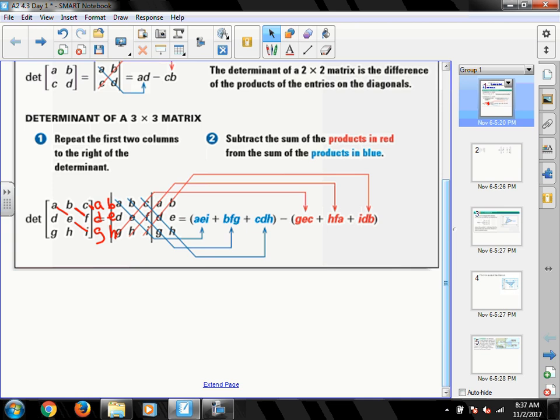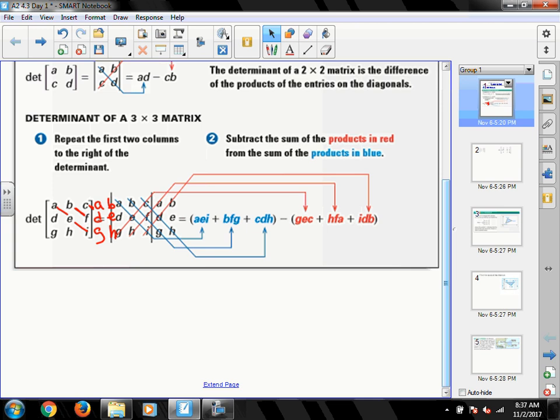But now we're going to get B times F times, and if I was a better artist, that would go down to G. So you can see it here in blue right next to where I wrote. So we're going to get B, F times G, and then I'm going to get C times D times H, which the D and the H are both coming from copying those 2 columns right next to that matrix.